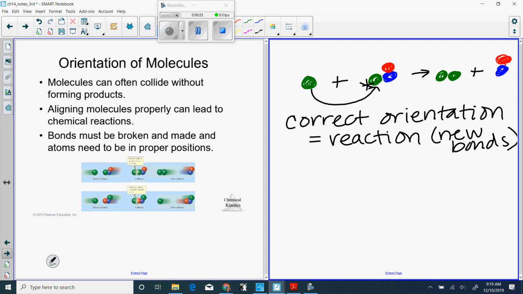Orientation for this pretend example is green running into green. Green running into green is going to make a green-green and a blue-red.